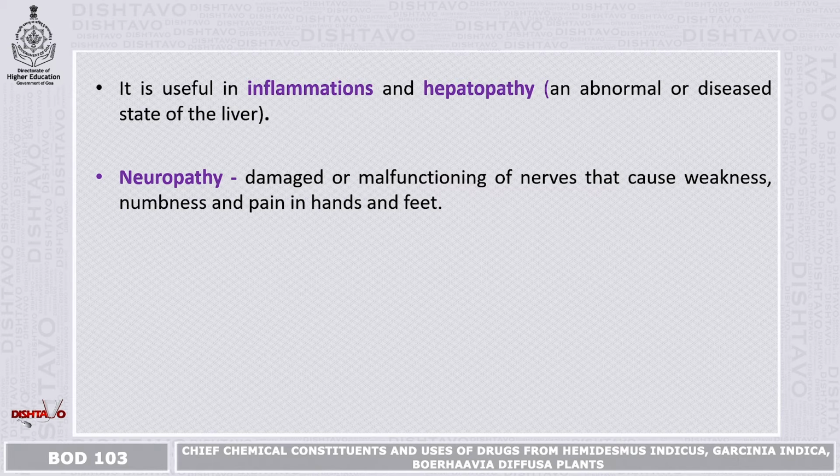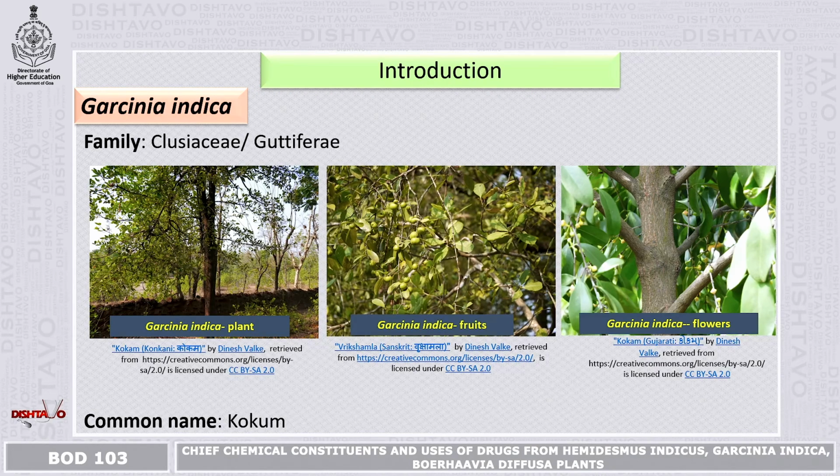Also, it is a good source of curing neuropathy, that is damage or malfunctioning of nerves that cause weakness, numbness, and pain in hands and feet. This plant is useful in treatment of all the above diseases.